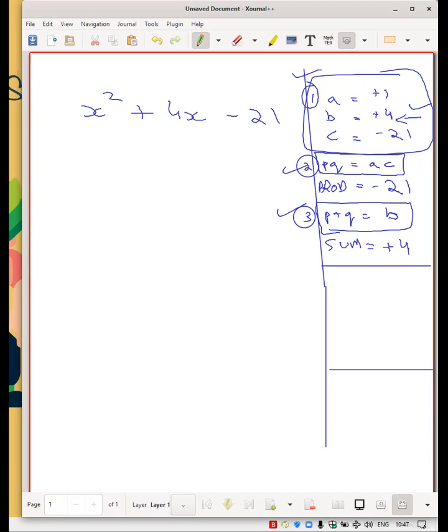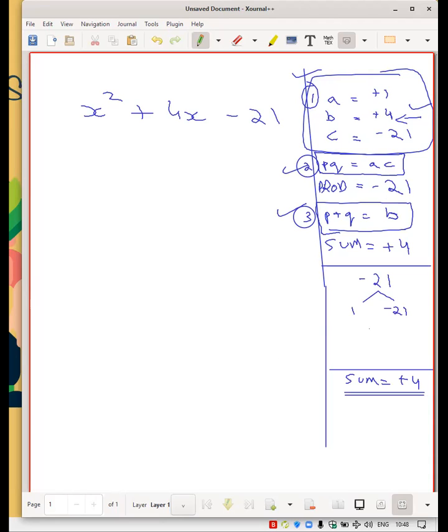The sum is plus 4 and product is minus 21. We want two numbers, right? So let's start with minus 21 as the product. We want the sum as plus 4. Keep this in mind. Start with the factors of 21. What is the easiest factor of 21? 1 and 21?